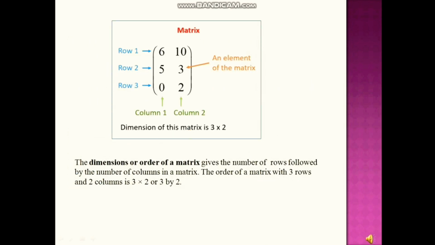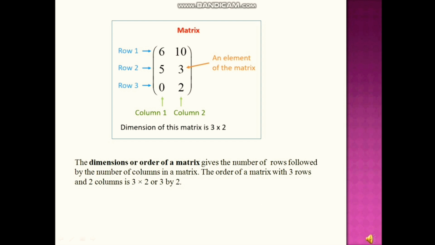Here we have an example of matrix. It included 3 rows, 6, 10, 5, 3, and 0, 2, and 2 columns, 6, 5, 0, and 10, 3, 2. Each number inside the matrix is known as an element of the matrix.